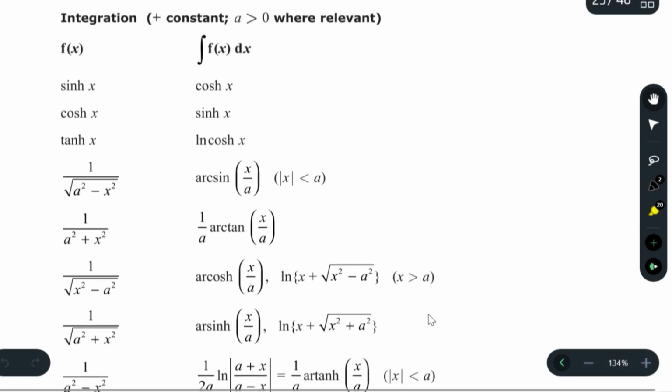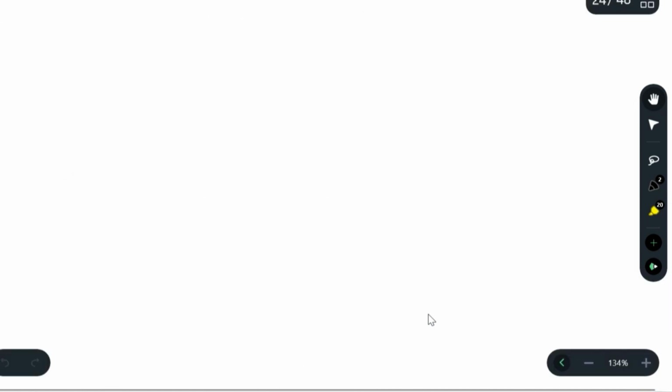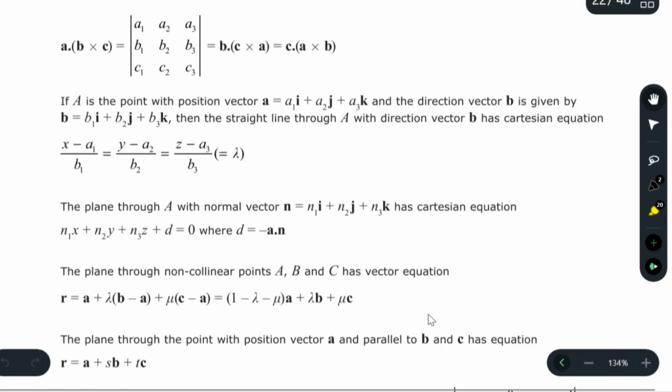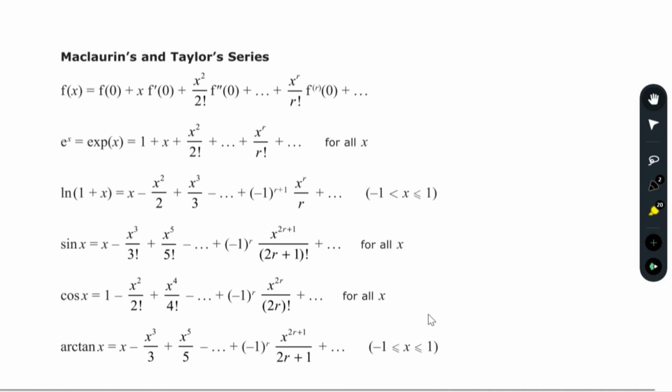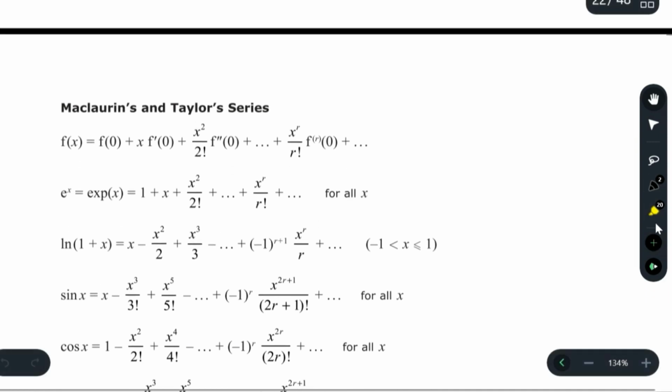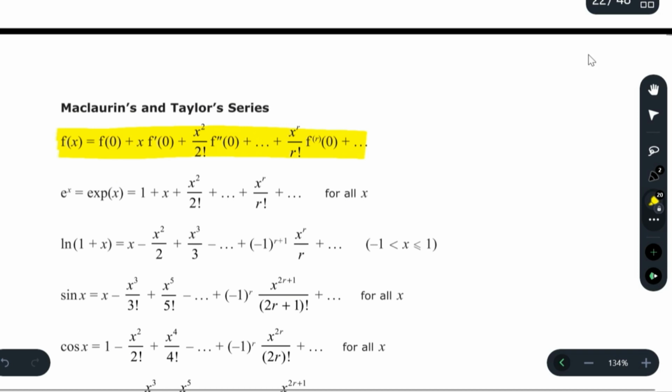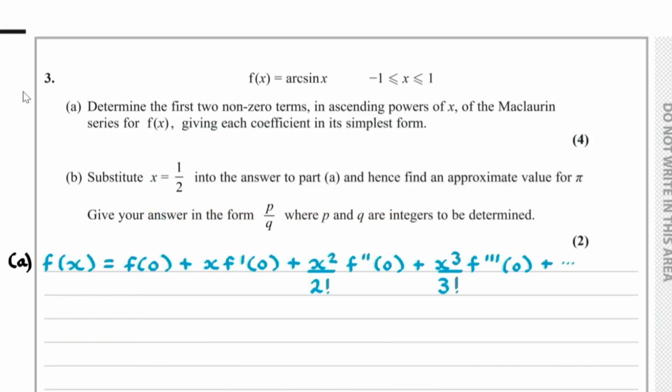the information for the Maclaurin series is given here. Let's just highlight it. This is how we evaluate a Maclaurin series. Now what I've done here is just written out that Maclaurin series formula.